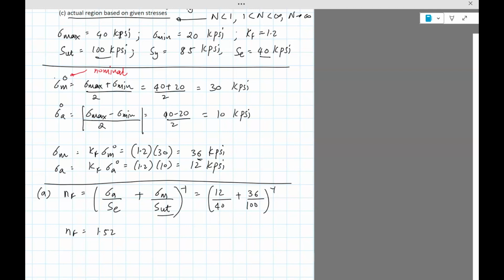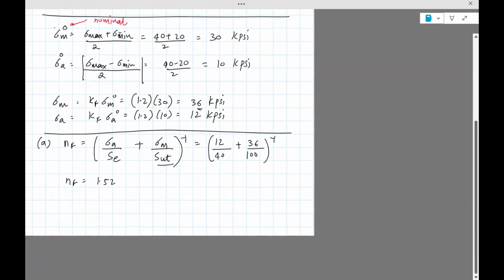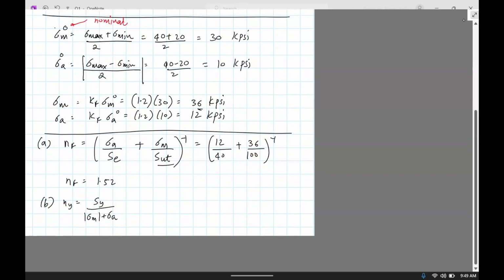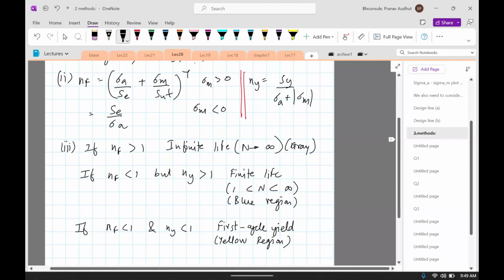Okay, next we need to compute the factor of safety assuming yielding, so NY. For B, NY equals, the formula is SY divided by mod sigma M plus sigma A. Yeah, same thing.